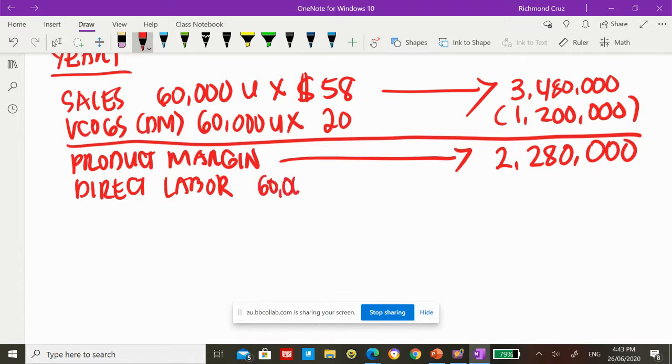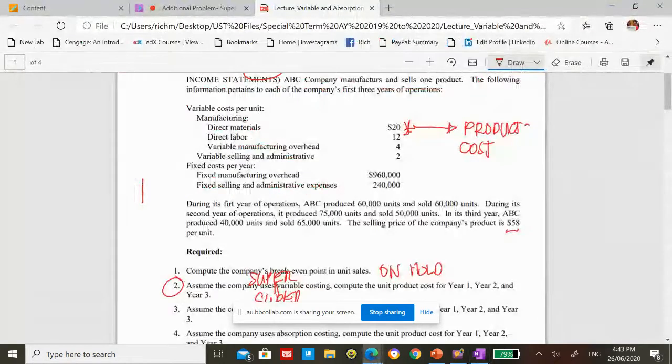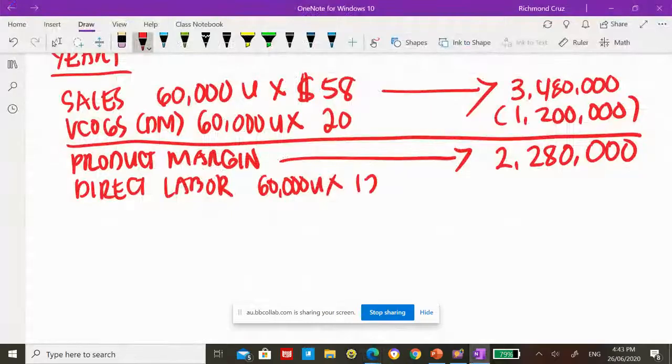That is 60,000 units multiplied by the cost, which is 12. So that is 60,000 times 12, which is 720,000.